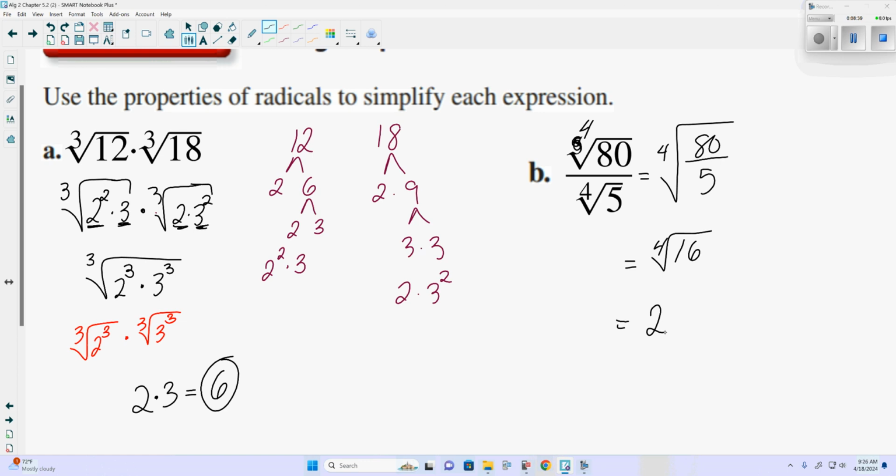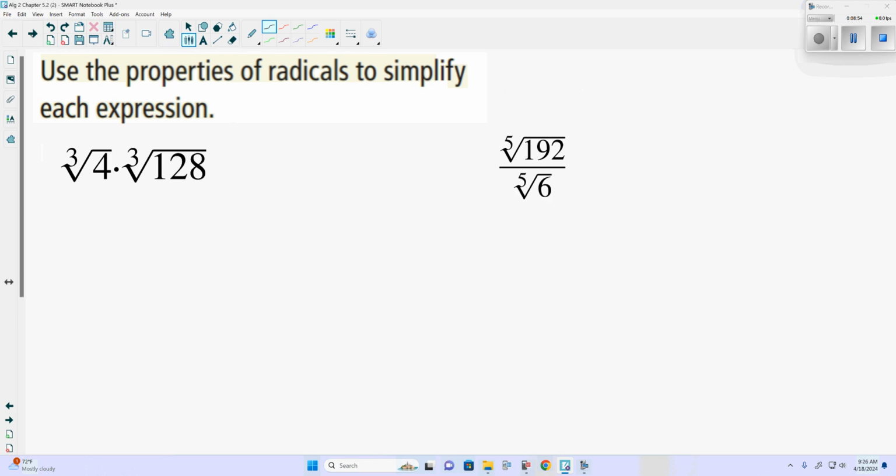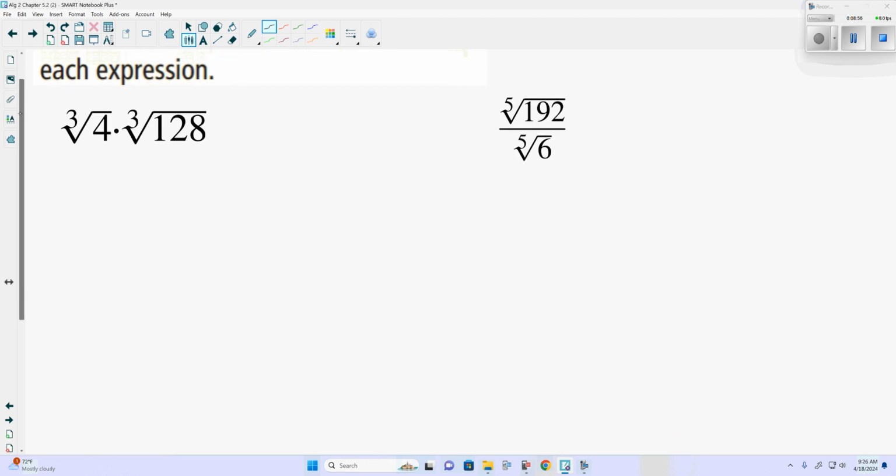So I would go to the factor trees, especially if it's not reducing nicely. Because if it doesn't reduce nicely, even after, if we had multiplied these and gave us a decimal, that means there's a number to a power that does not line up with our 3rd root. Four times 3rd root of 4 times the 3rd root of 128.